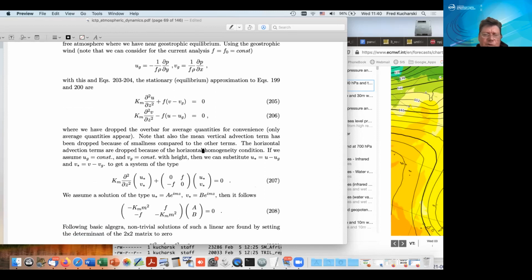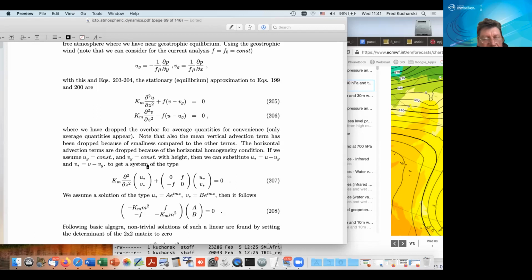If we further assume that our geostrophic wind, which is proportional to the pressure gradient force, is independent of height, we can write this equation in terms of these star quantities. And the star quantities is the deviation in our boundary layer from the geostrophic wind. It's just a substitution of quantities. So instead of this system here, we can write it in this system here.